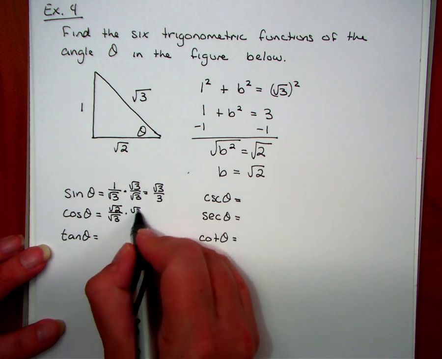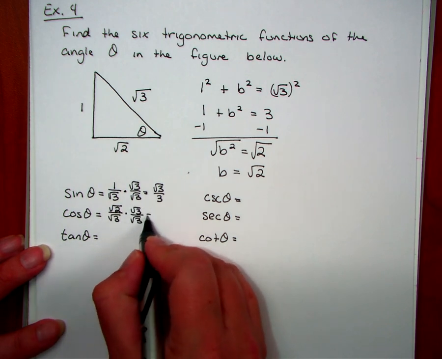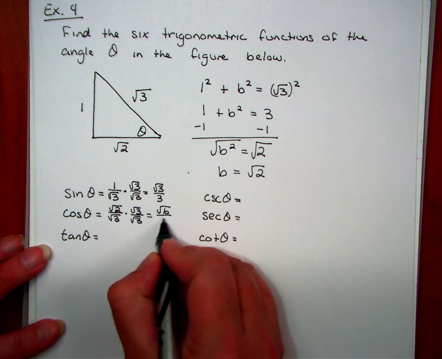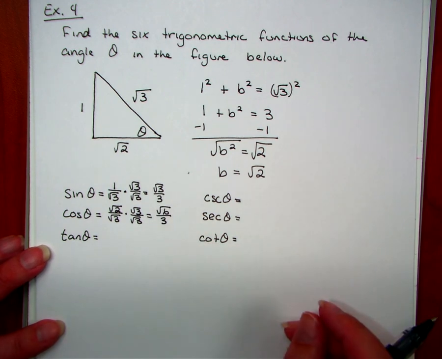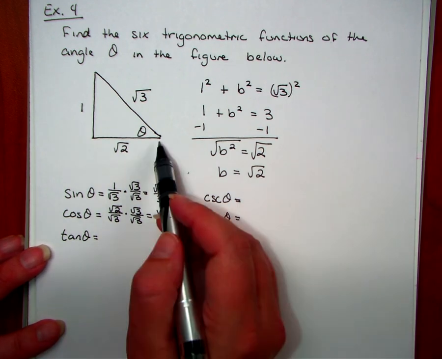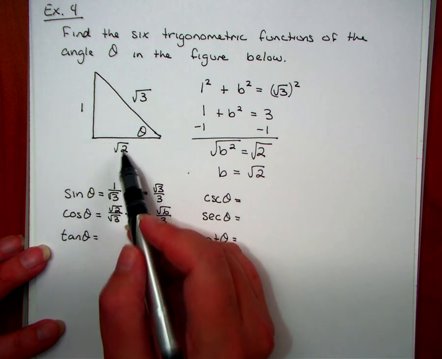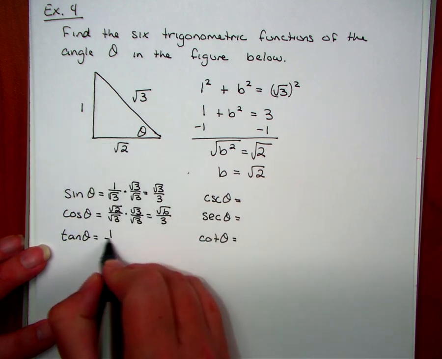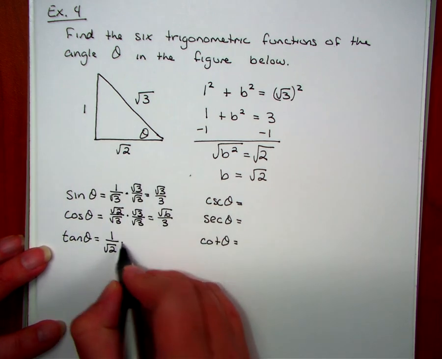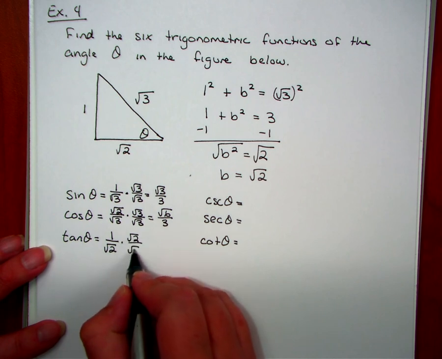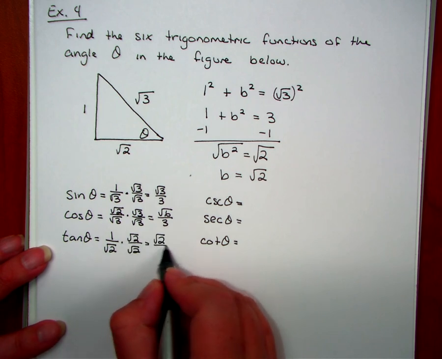If I were to rationalize this one, we would get rad 6 over 3. Tan of theta, opposite over adjacent, 1 over rad 2. If I were to rationalize this, we'd get square root of 2 over 2.